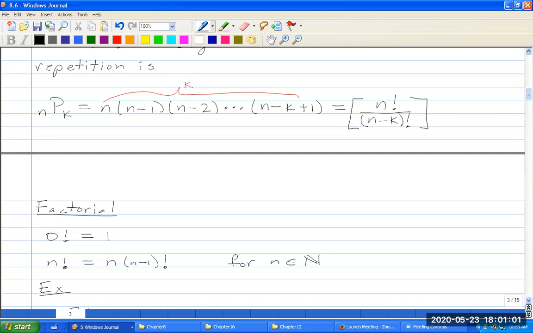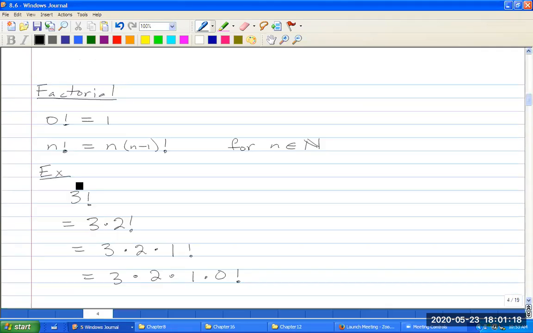So 0 factorial is 1. n factorial is just n times n minus 1 factorial for any natural number n. An example, 3 factorial. Let's use this recursive definition for defining the idea of a factorial.